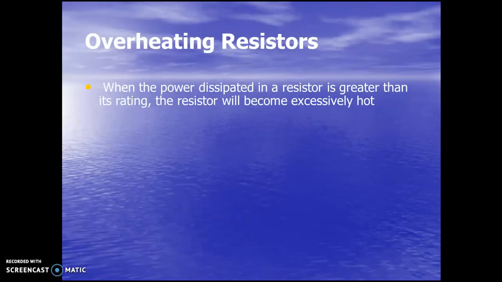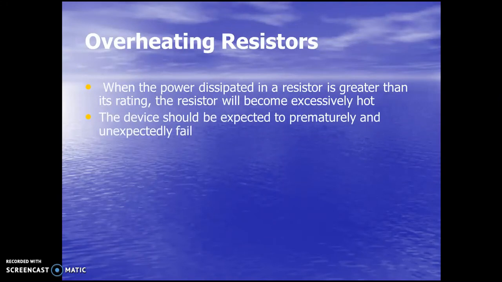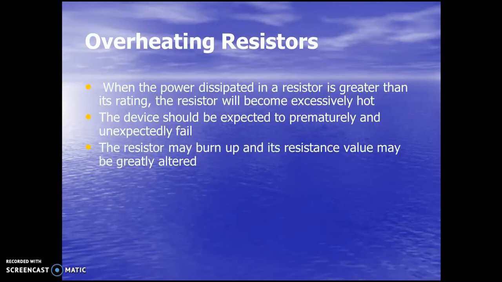Okay, one of the reasons why we'll over-specify our resistors, resistors get excessively hot if we go over their rated power, and they can fail at very inappropriate times. When the current's highest is when we can expect them to fail.